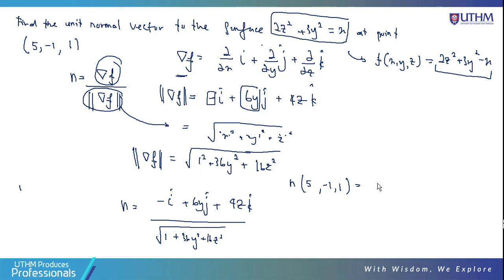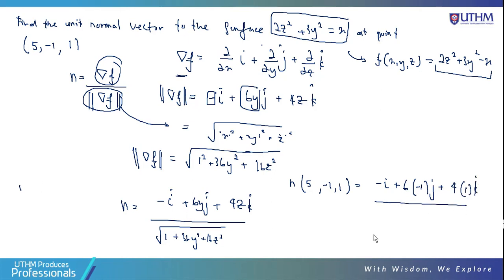So this one is negative i. Okay, negative i, nothing more. Y equals negative 1, so negative 6j, plus z equals 1, so 4(1) k. Okay, settled.